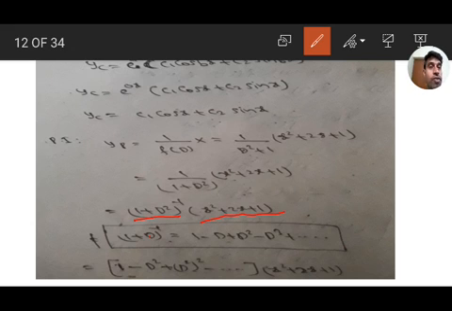So using the formula (1 plus d) whole to the power of minus 1 is 1 minus d plus d square minus d cube plus and so on. Here in the place of d we have d square. So expanding it, 1 minus d square plus (d square) whole square minus (d square) whole cube plus and so on, of x square plus 2x plus 1.